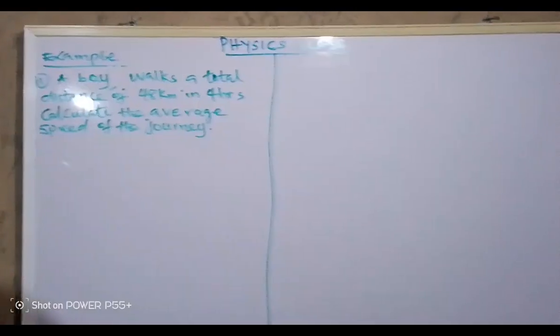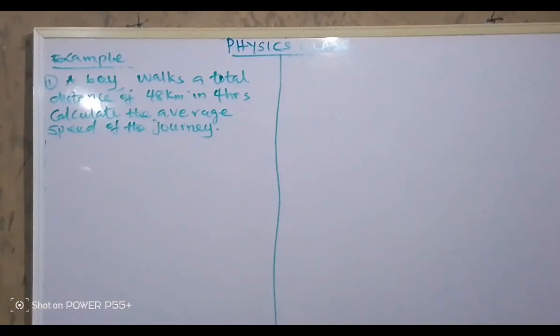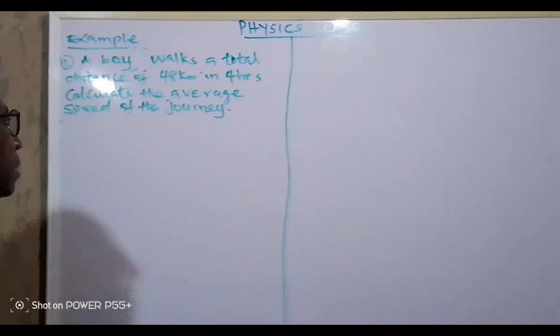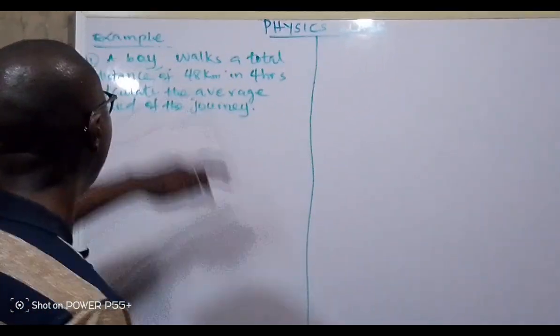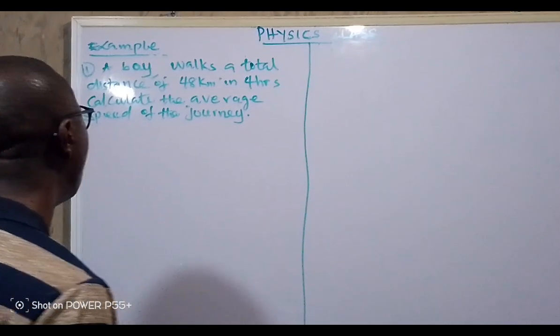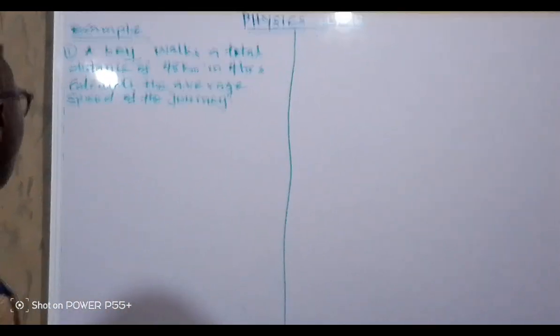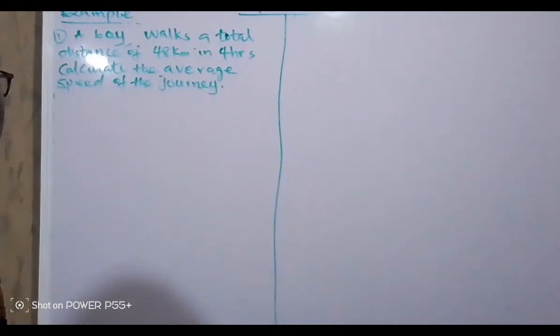Let's take this one as example 1. Let's start from the elementary examples. A boy walks a total distance of 48 kilometers in 4 hours. Calculate the average speed of the journey.